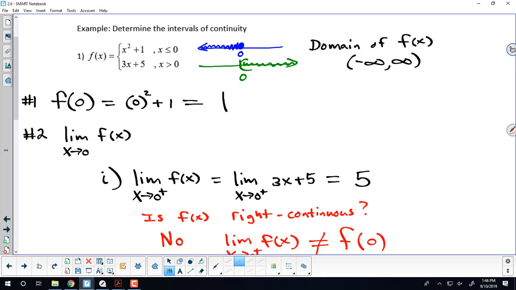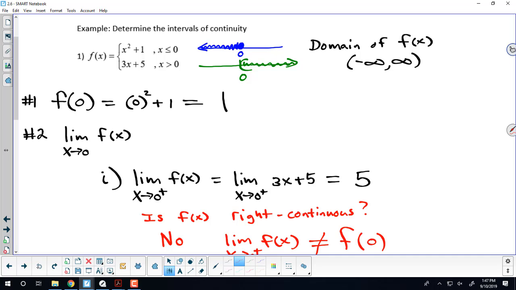So we said, well, is f continuous at 0? We're going through the checklist. 1, does the function at that location exist? Yes, it exists. It was 1. And then we check the limit as x approaches 0, which requires us to compute a one-sided limit, validating that through the domain of each piece. If we approach 0 from the right, then I have to use the 3x plus 5 piece, and that limit comes out to be 5.